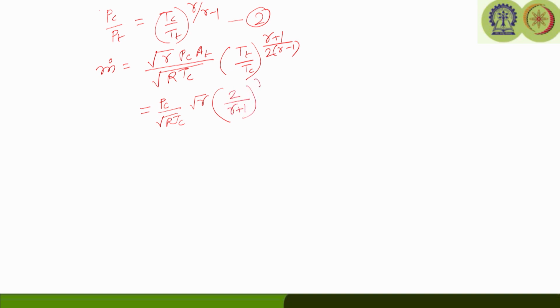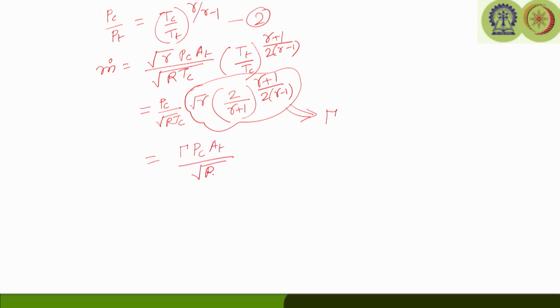So, this equation will become like only a function of gamma, this part. Okay. So, this part is denoted as the capital gamma, and we can write this as gamma P c A t by R T c.